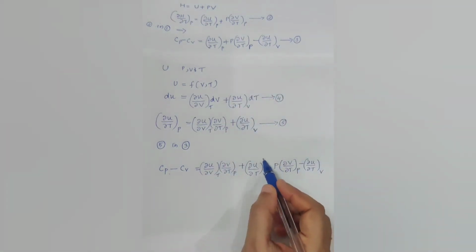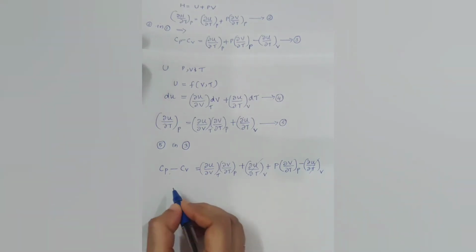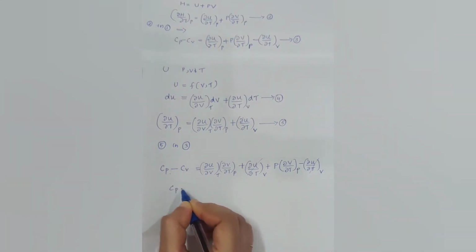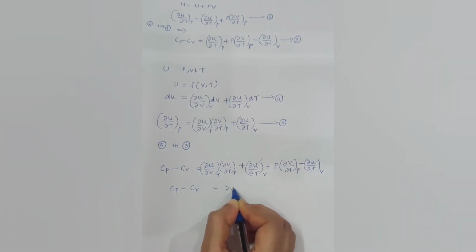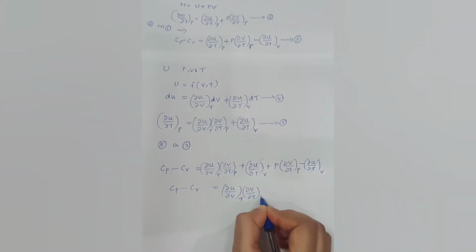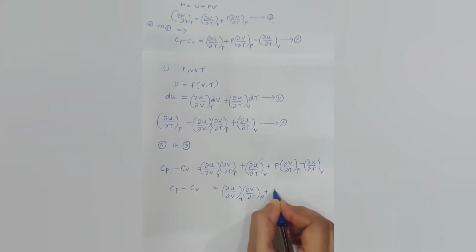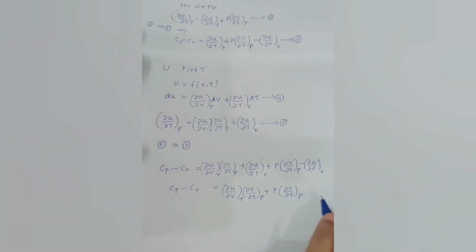And this term cancels out and we are getting Cp minus Cv is equal to (∂U/∂V)_T (∂V/∂T)_P plus P into (∂V/∂T)_P.